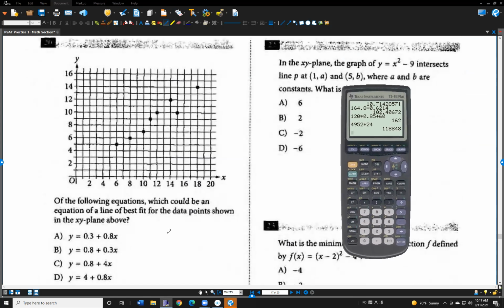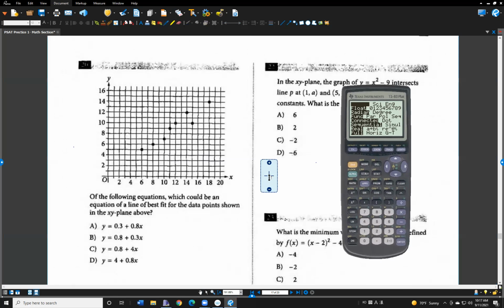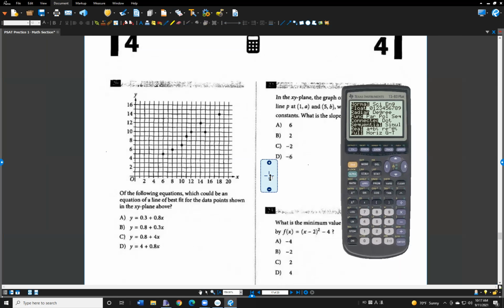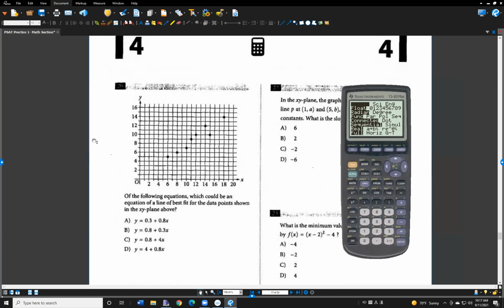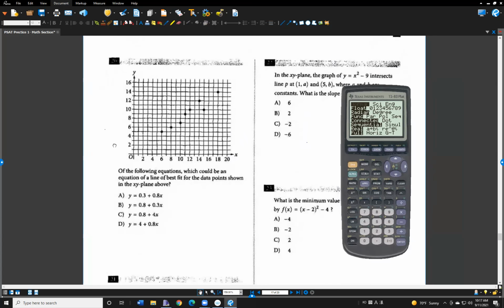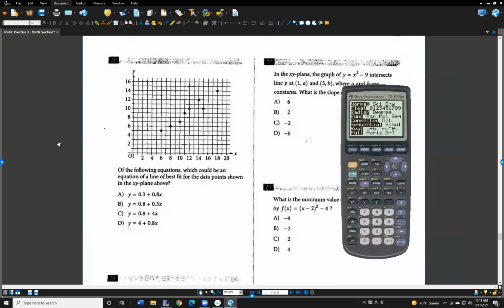Okay, take number 20 over here. The line of best fit, maybe you can make the line over here.